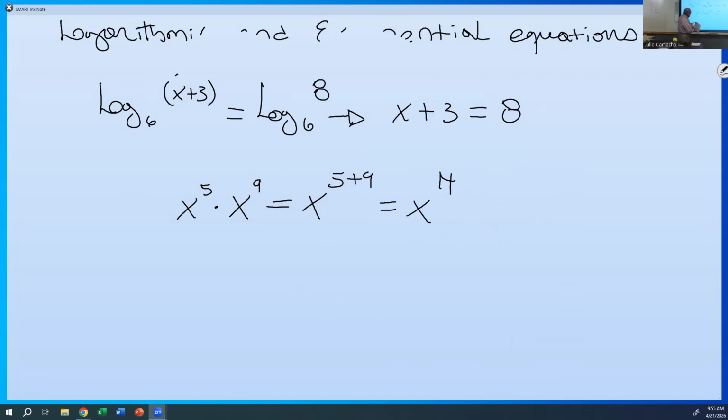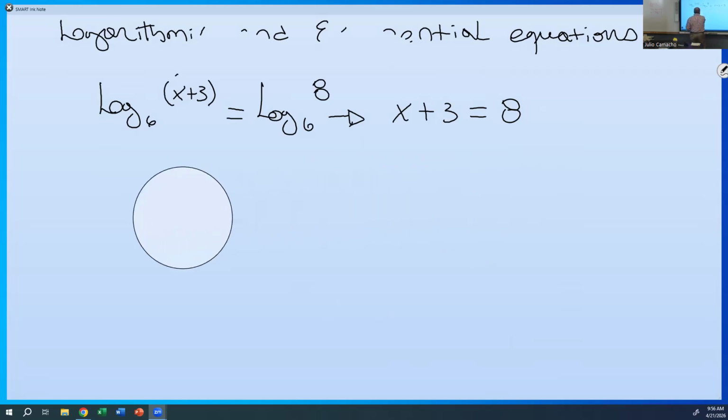Because the bases are the same, I can do that. If you have an x and a y, you cannot do that. But because that is base 6 and base 6, you can do that. Okay.